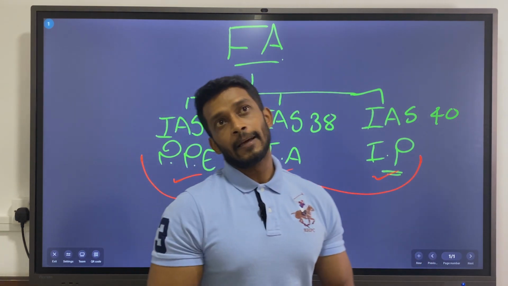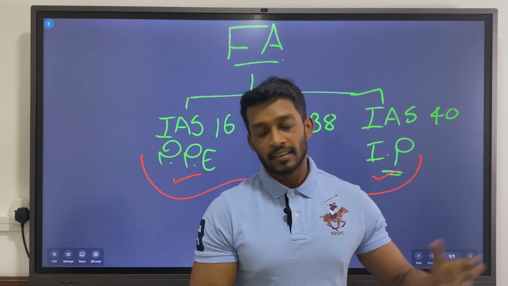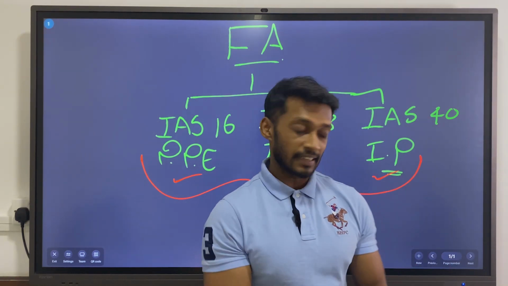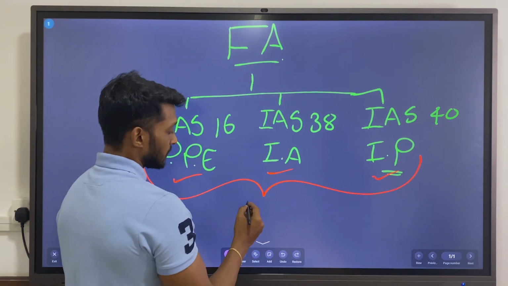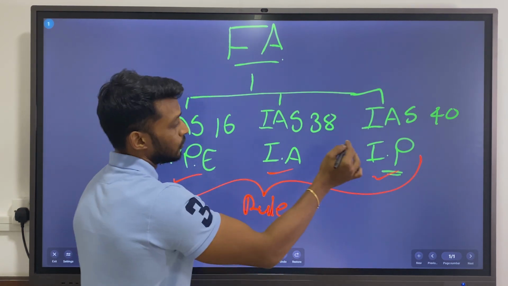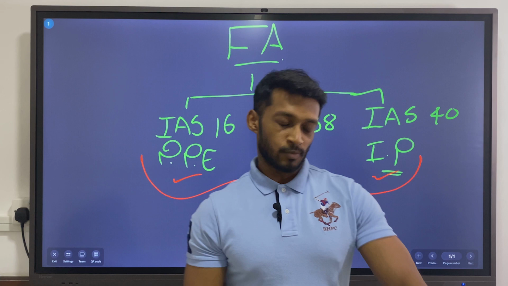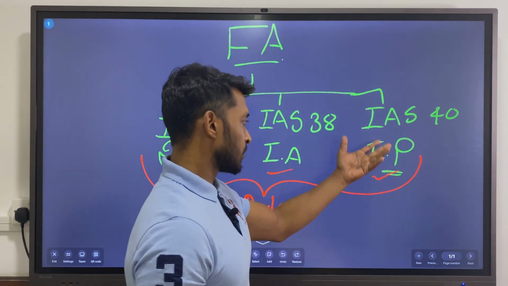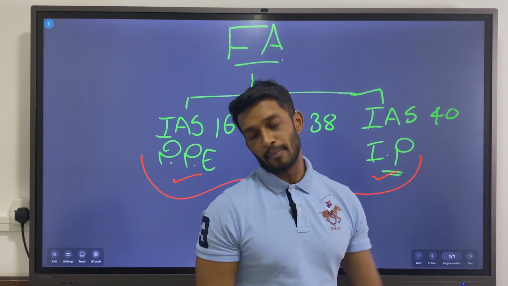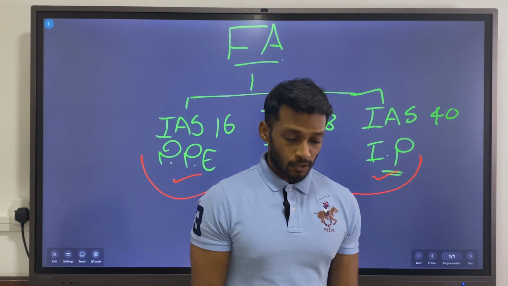Other than that, there are revaluations, disposals, and a long list. Most companies follow these standards, except small private companies. Most of the time, the depreciation period and estimations are decided by the management of the company.